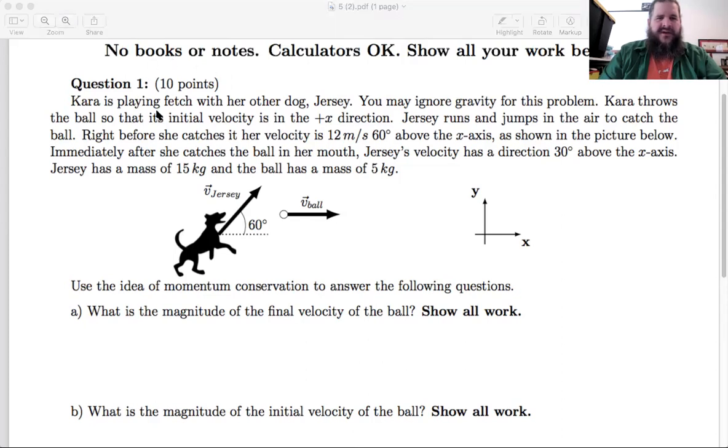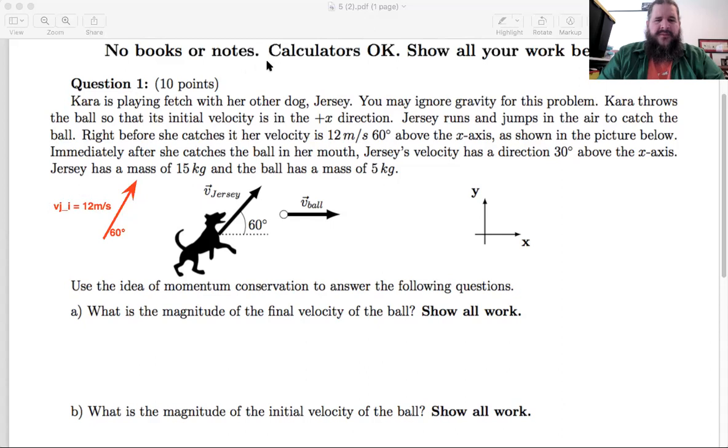We know the initial velocity of the dog is 60 degrees, a 60-degree angle, and 12 meters per second. So the initial speed of Jersey the dog is 12 meters per second at this 60-degree angle, 60 degrees from horizontal.